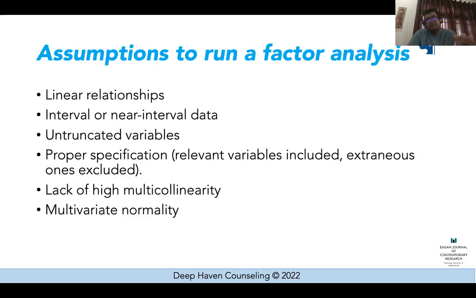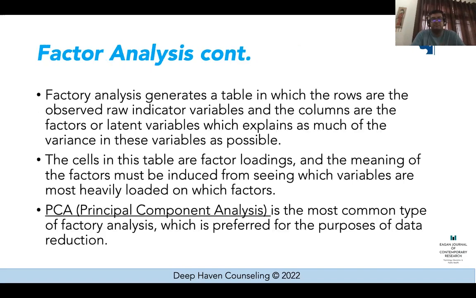So now since you understand how to do basic validation and factor analysis and the process that comes before factor analysis, now let's see what the assumptions are to run a factor analysis. So linear relationships, interval or near interval data, and untruncated variables, proper specifications, and then lack of high multicollinearity, and then multivariate normality.